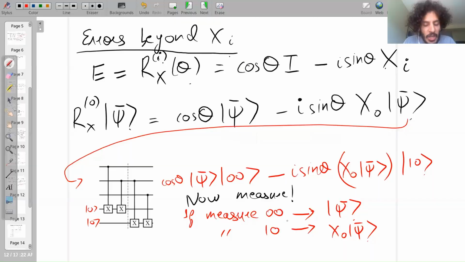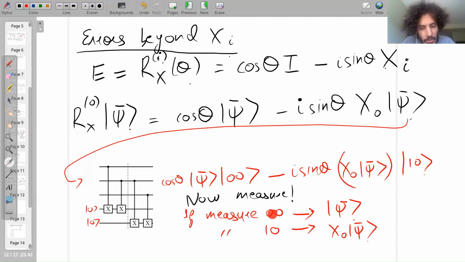So you can appreciate what is happening: there's a collapse of your state into one of the items in your superposition. Your error is some linear combination of identity and an X gate. But after the syndrome measurement circuit, your code word state is either with identity applied to psi bar, or it is this, and you know which one it is.